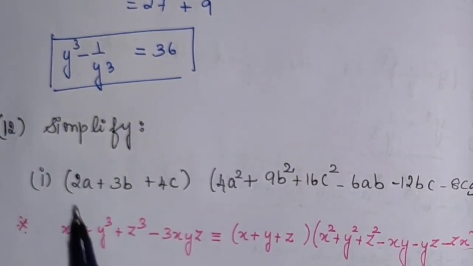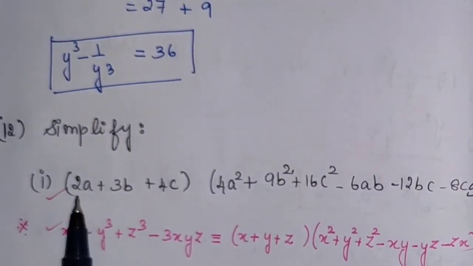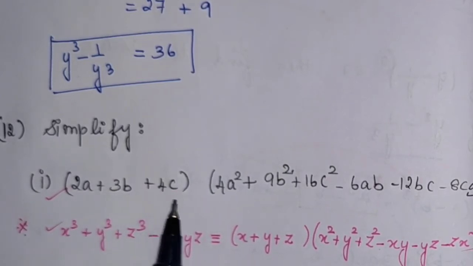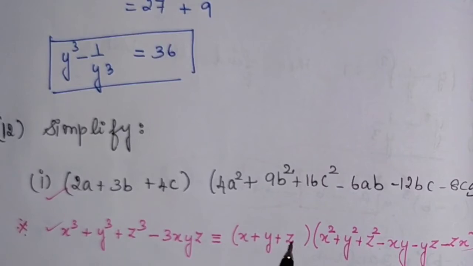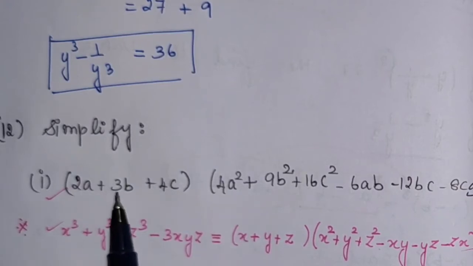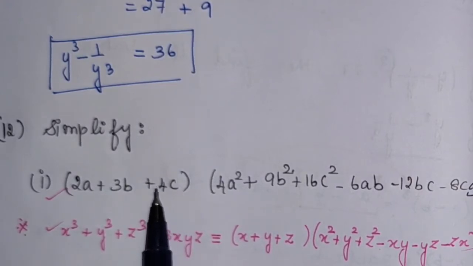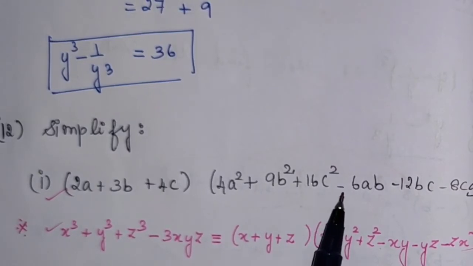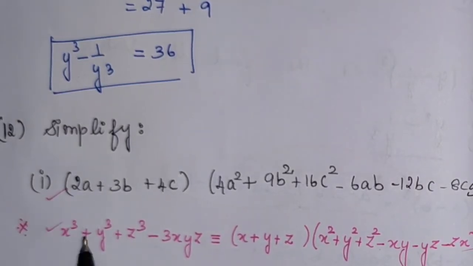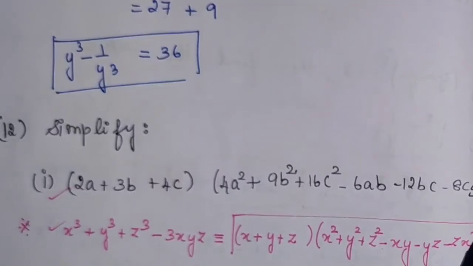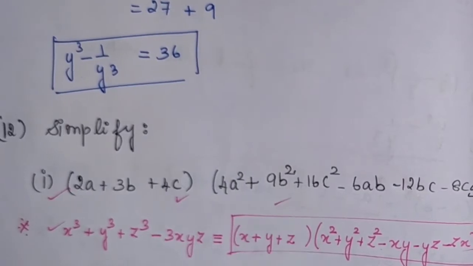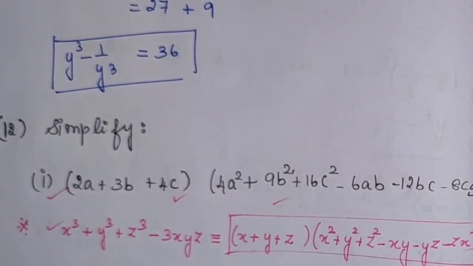By comparing this and this, 2a, 3b and 4c are in the place of x, y and z. And here, the same term, when you square it, you will get 4a square, 9b square plus 16c square. And here you have minus, minus, minus signs, like ab, bc, ca. So it is exactly like this term, exactly like this side, that is the RHS of that formula.